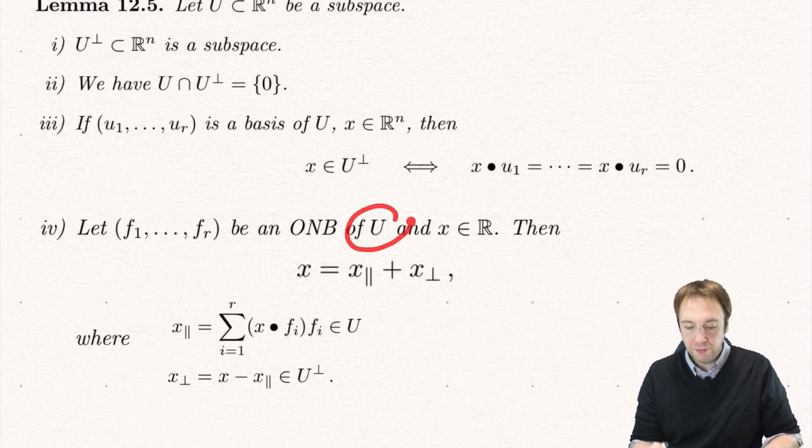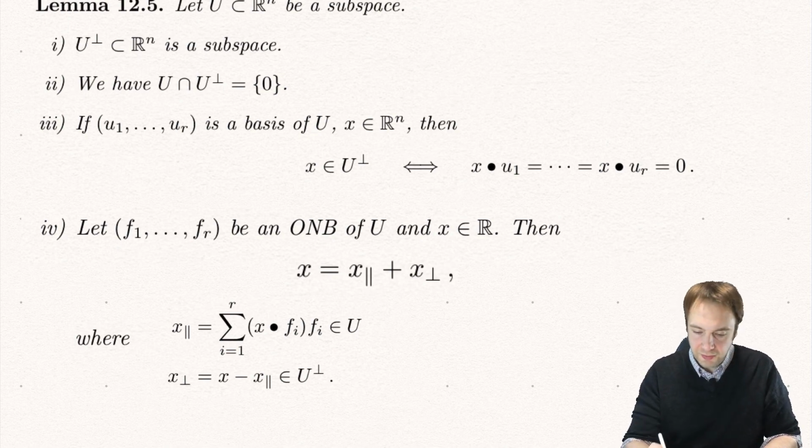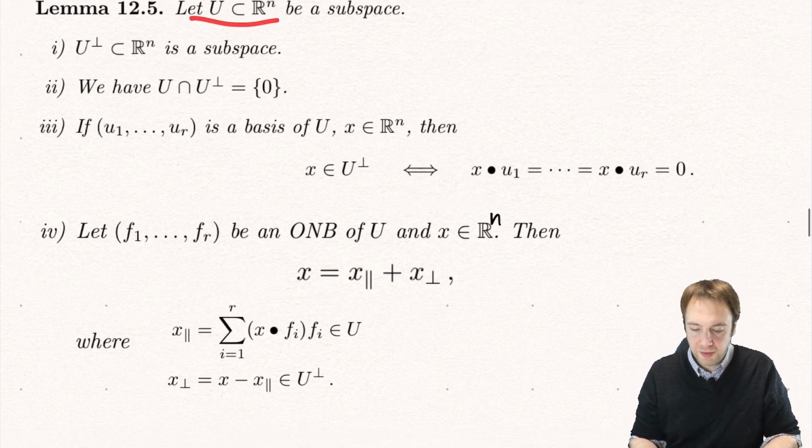So if I have a subspace U and I have an orthonormal basis of the subspace U, then, oh, here's a typo, this should be Rn. So here we know U is a subspace of Rn.